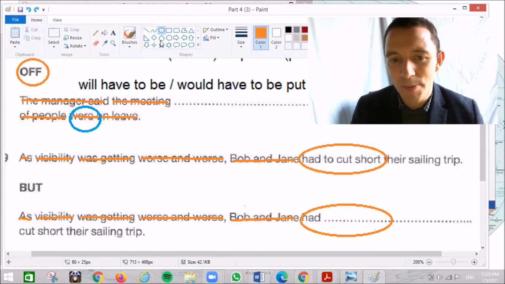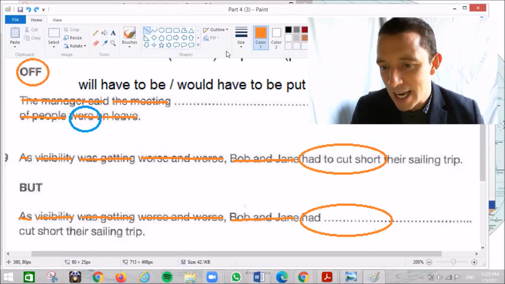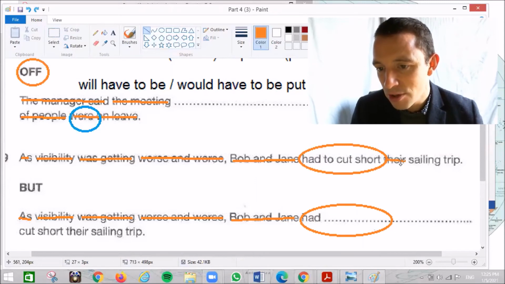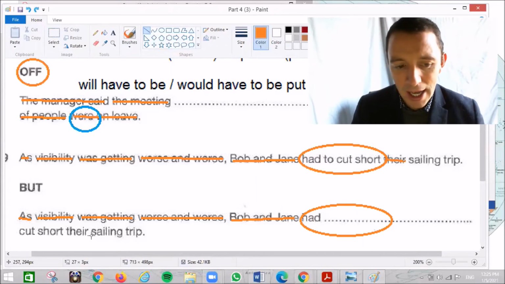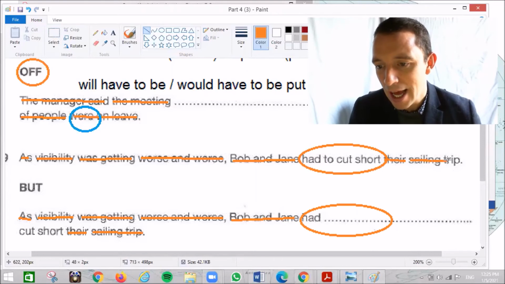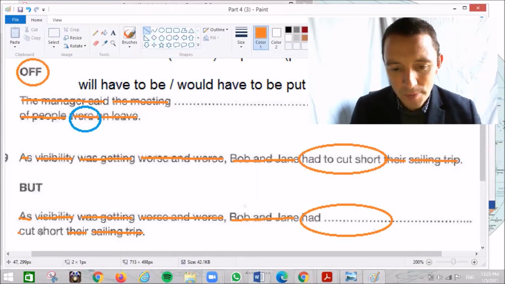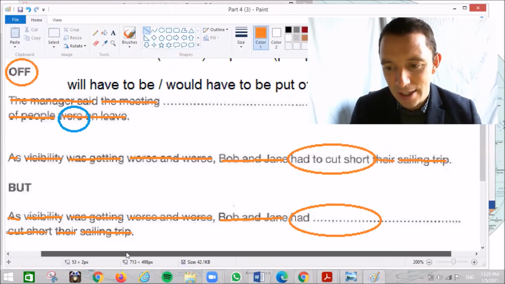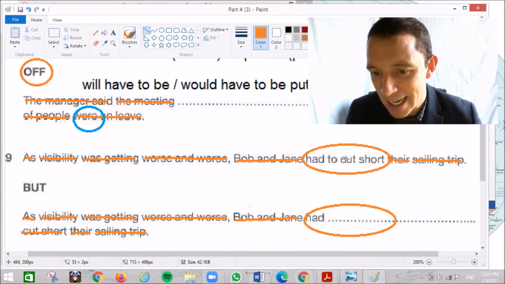And their sailing trip, so we can eliminate possession, their, my trip, viaje, but it's your trip, his trip, their trip, okay? And here they have the same, their trip, and it's sailing trip. So we can eliminate the two. And also, cut short exists in the first sentence and it exists in the second sentence, but not had to, okay?